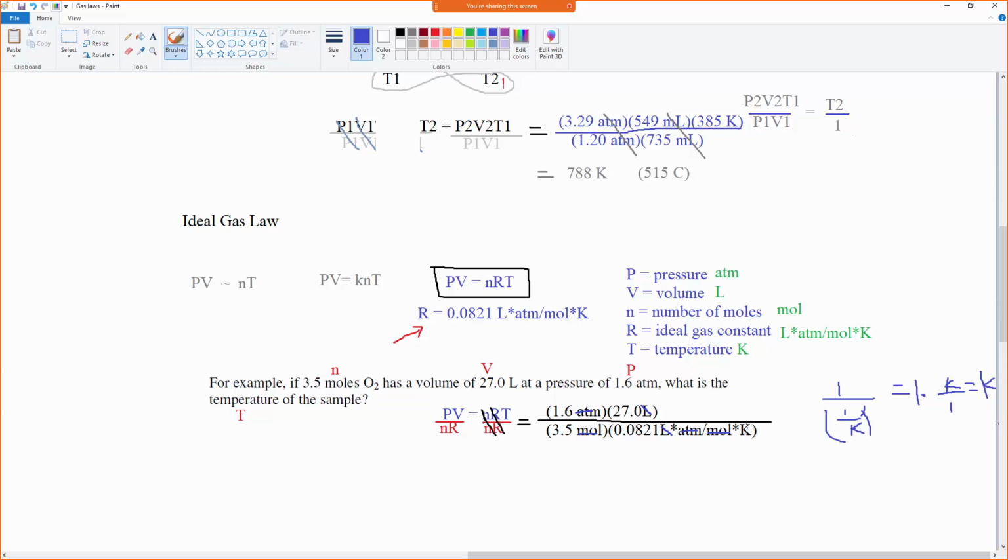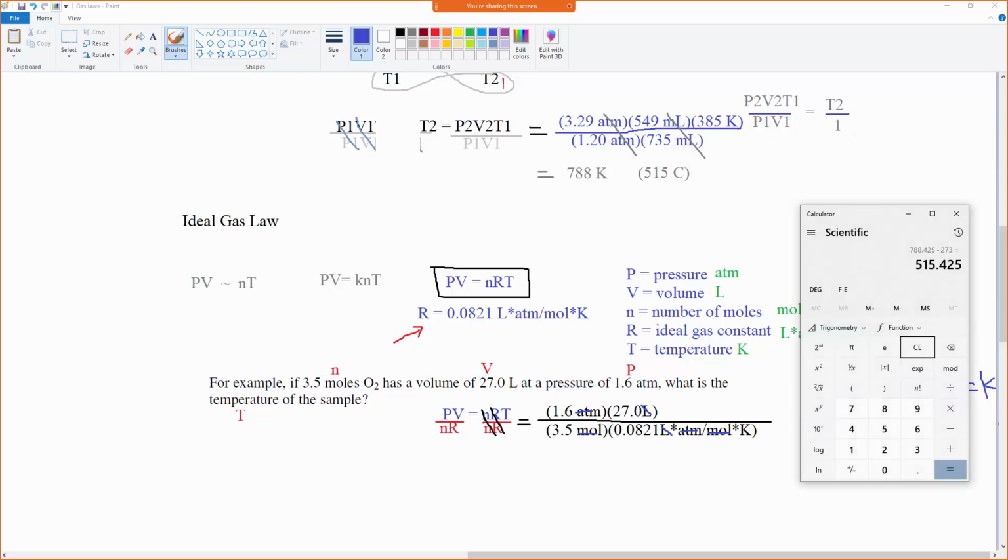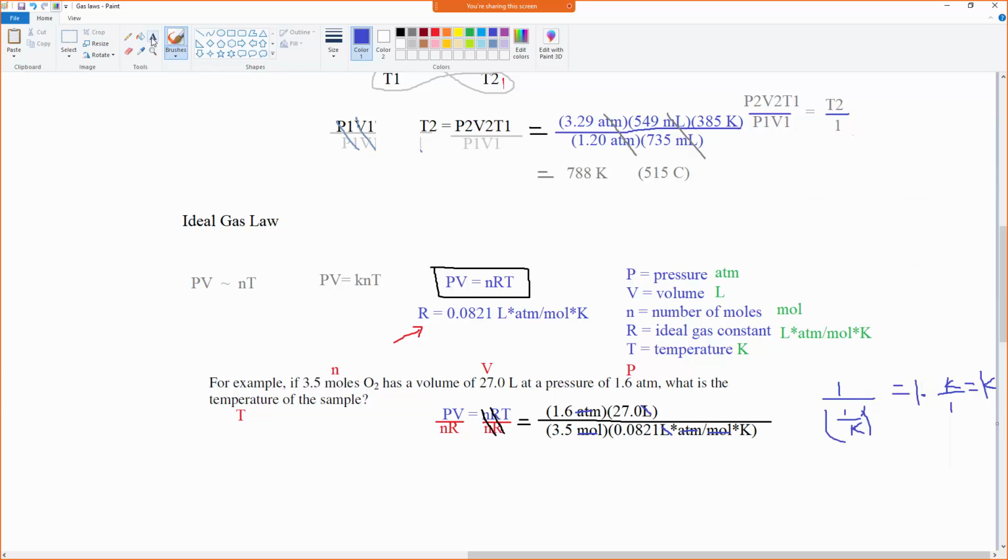So our final units will be Kelvin, which is what we are looking for. We solved for temperature, so we should just plug that in. 1.6 times 27 divided by 3.5 divided by 0.0821 gives me a temperature of 150 Kelvin.